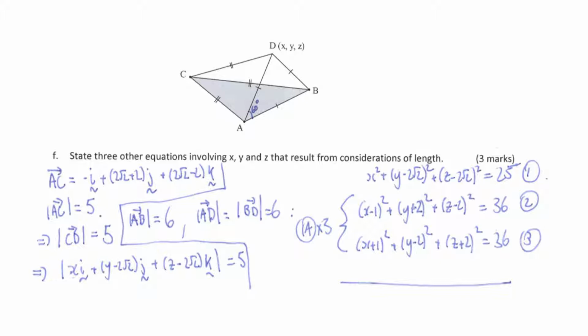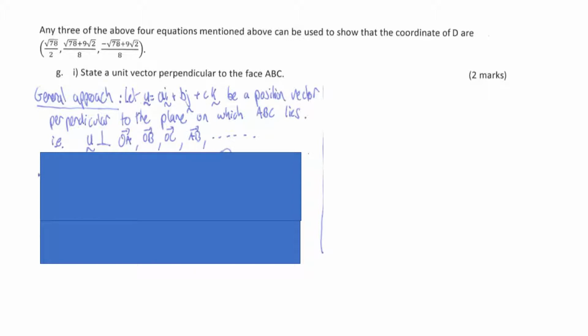So there are equations 2 and 3 coming from side lengths AD and BD, and equation 1 coming from consideration of length CD. Okay, hopefully that's all clear enough. So solving any 3 out of the 4 above equations would lead you to that particular point for D. So a bit messy as it is, but there it is. And of course that's how I got it. I used 3 of those equations and I got myself values for X, Y, and Z that way.